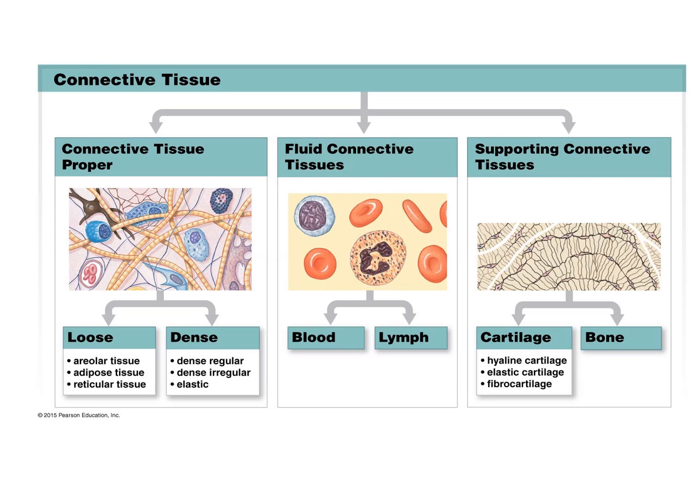Supporting connective tissue consists of cartilage and bone. There's three types of cartilage: hyaline, elastic, and fibrocartilage. Cartilage contains chondrocyte cells. These are cells that sit in small pools called lacunae, and they tend to have a fried egg appearance.